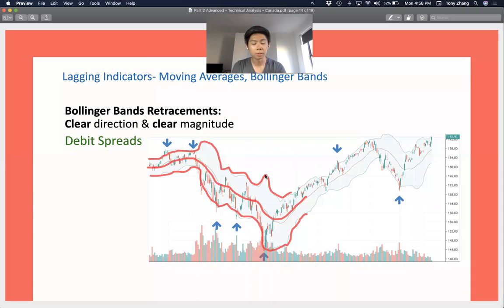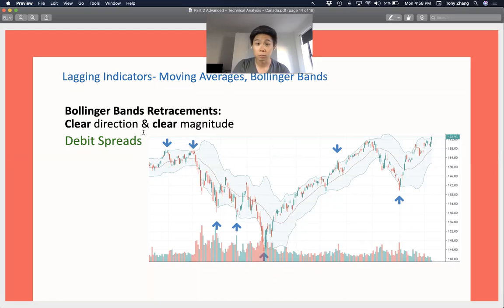So when you're using a Bollinger Band, this is quite different than a moving average, because a Bollinger Band is used as what we call a retracement strategy, because when it hits the upper band, that's telling you that the stock is likely going to retrace itself back to the moving average.